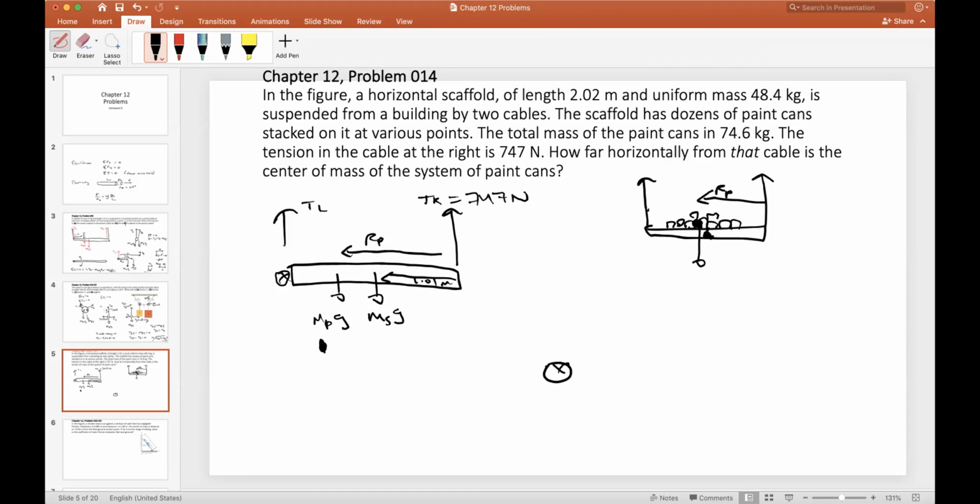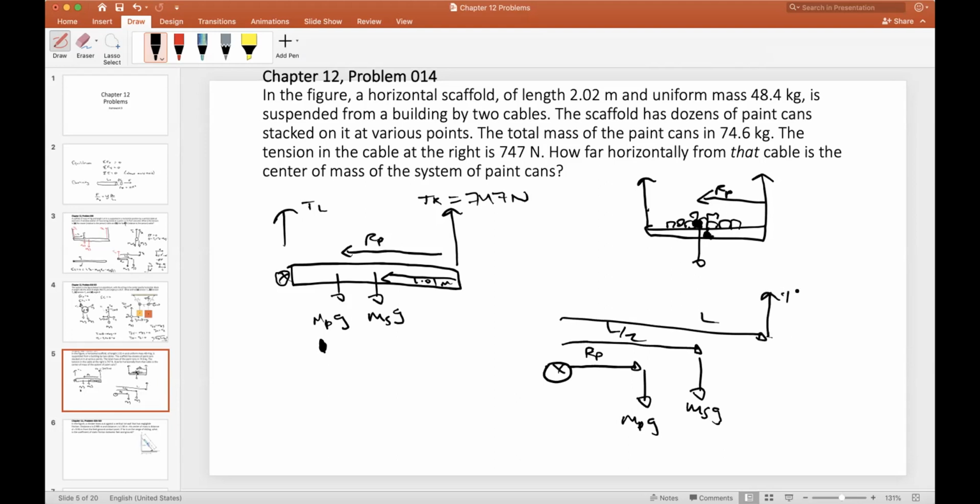So I have a torque that's got to be R of the paint cans times the mass of the paint cans times G. I have another torque that is L over 2 times the mass of the scaffold times G. And then I have a final one that is L times the tension on the right.